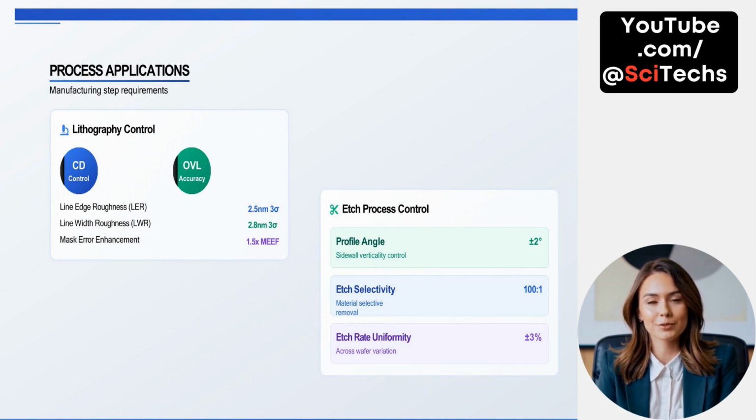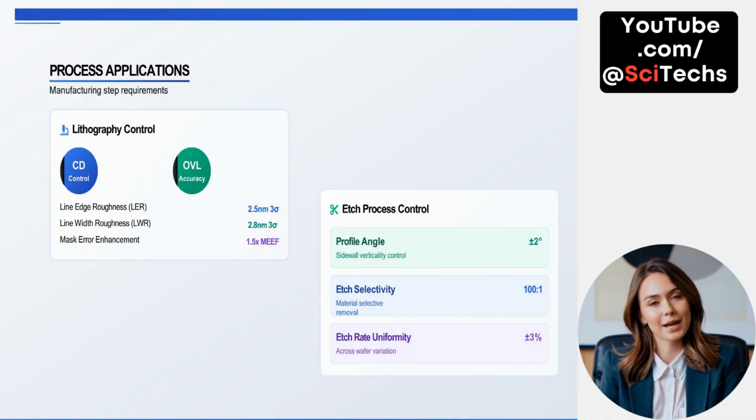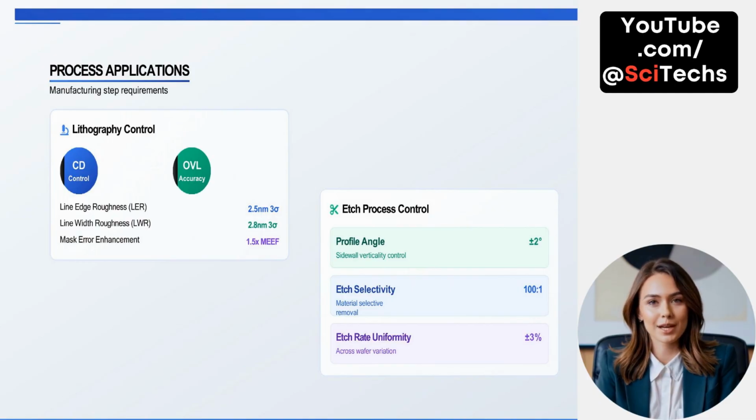Parameters like line edge roughness, LER, and line width roughness, LWR, are closely monitored with typical values reaching 2.5 nanometers and 2.8 nanometers at 3 sigma, respectively. These measurements help manage variability introduced during the lithographic patterning process. Additionally, mask error enhancement factor, MEF, typically around 1.5x, quantifies how variations in the mask pattern impact printed dimensions, helping to refine mask and process design.